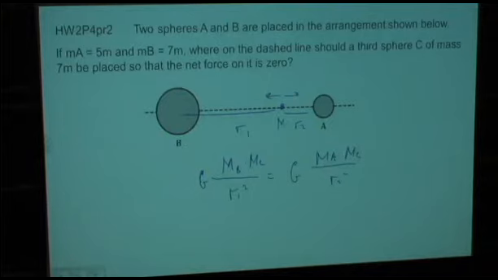This is the mass of the third object. And another expression we can write, the first R plus second R should be equal to the total distance between these two. And that's it. G cancels, this cancels, and the rest is pure math.